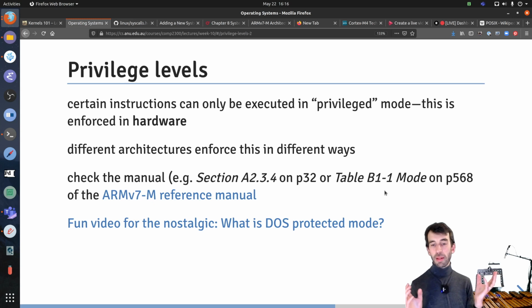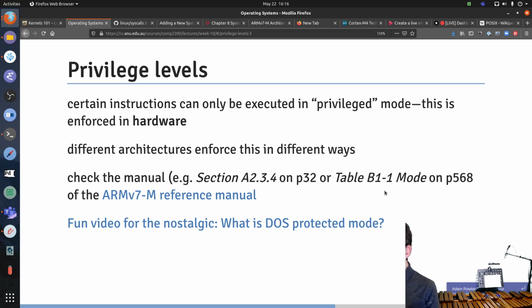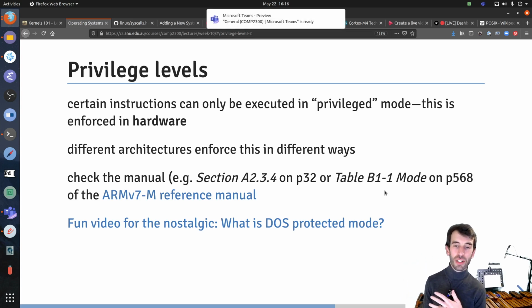Now we're going to talk a bit about how this works in the disco board and in hardware, because it turns out that to do the concept of privilege levels, you need to have hardware support for it. So you need to have some concept such that an instruction can only be executed in a privileged mode.